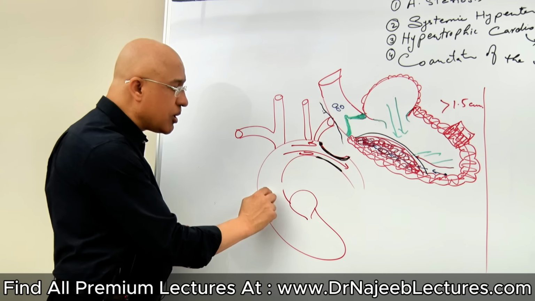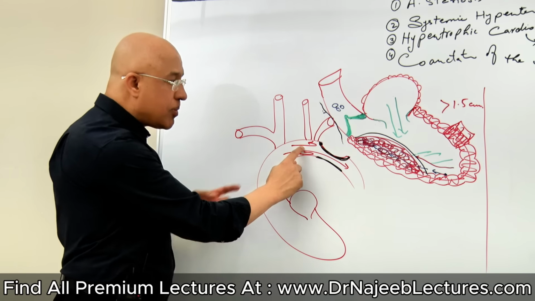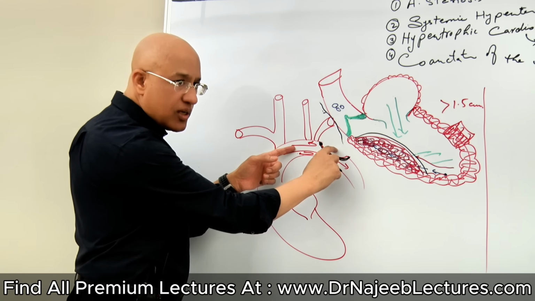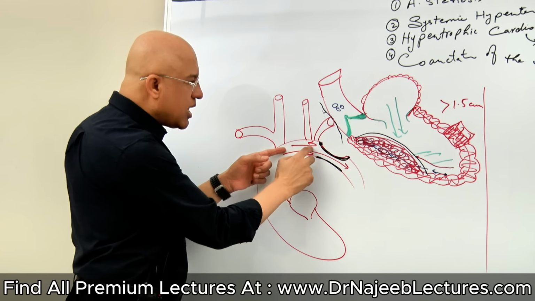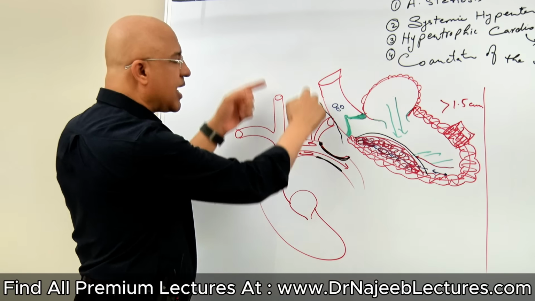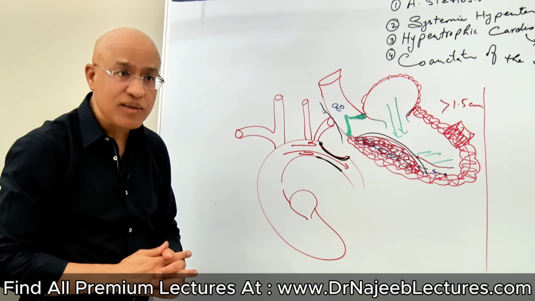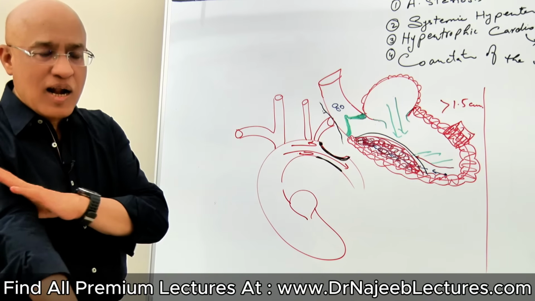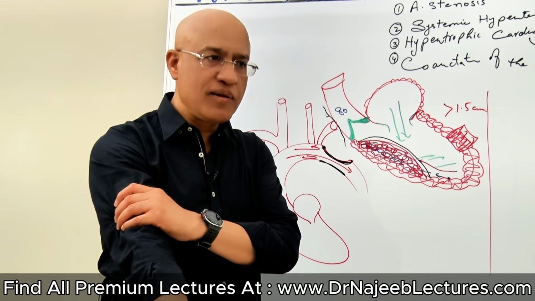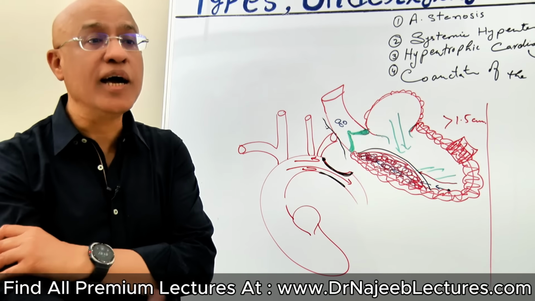So more pressure will be pushed into the aorta. But as there is obstruction, pressure in this area is more, and both arms and all arteries before the coarctation will have higher pressure. So in these patients, if you take blood pressure from the arms, there will be higher pressure.